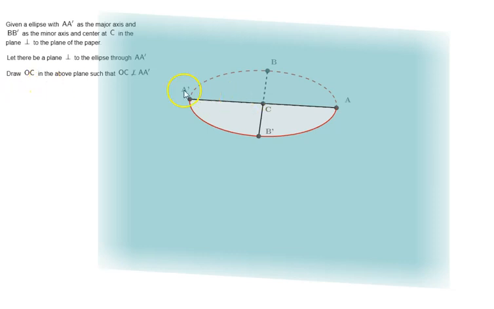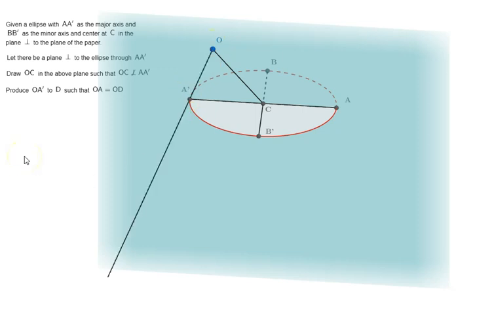Draw OC in the above plane such that OC is not perpendicular to AA'. So here OC is in the plane perpendicular to the plane of the ellipse passing through AA', but it is not perpendicular to AA'. Produce OA' to D such that OA is equal to OD.